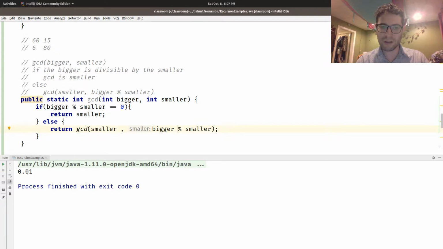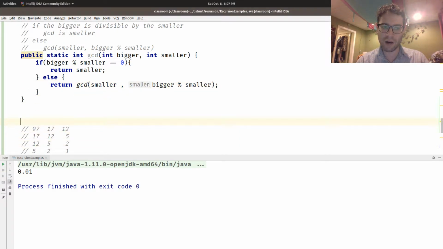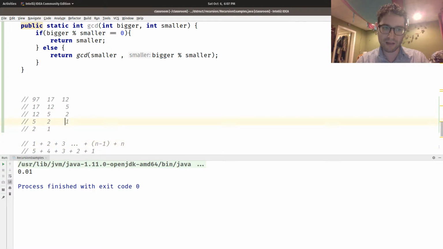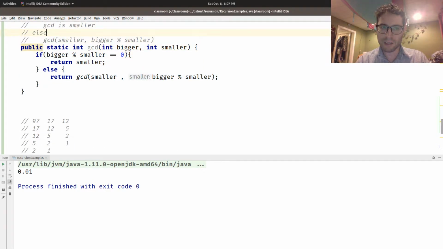Well, eventually, if these numbers are relatively prime to each other, like in this case, there's going to be nothing else, and eventually bigger mod smaller will result in 1, like we did in this case. 5 mod 2 will result in 1, right? And once 1 is the smaller variable, anything mod 1 will result in 0, so we'll return smaller. So it's always going to make progress towards our base case.